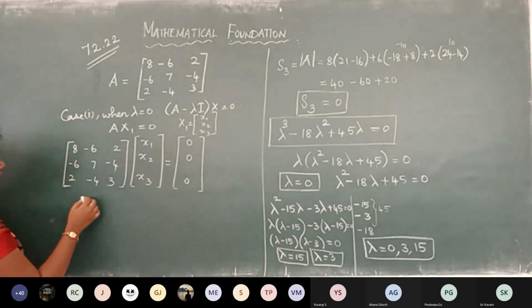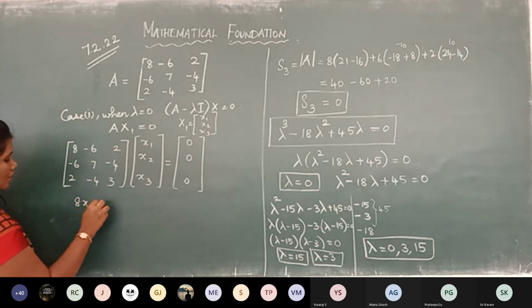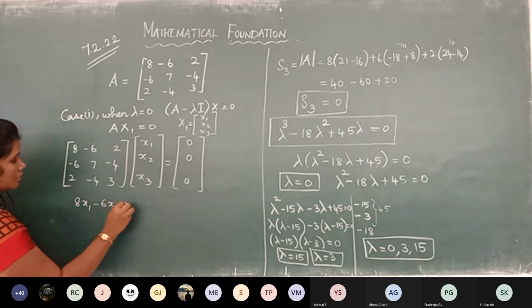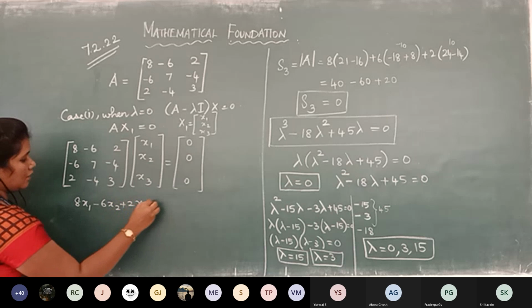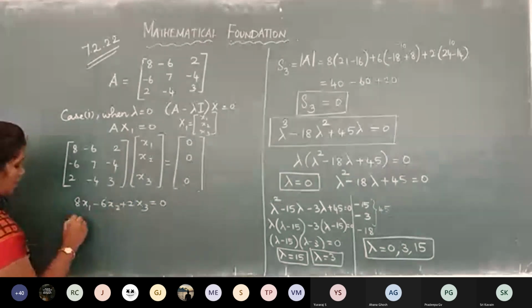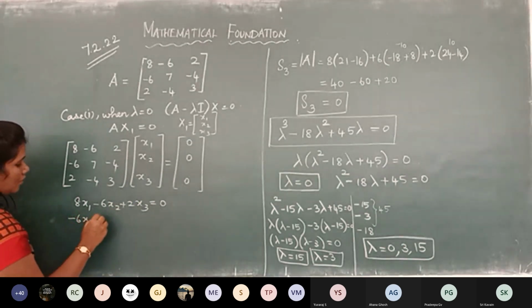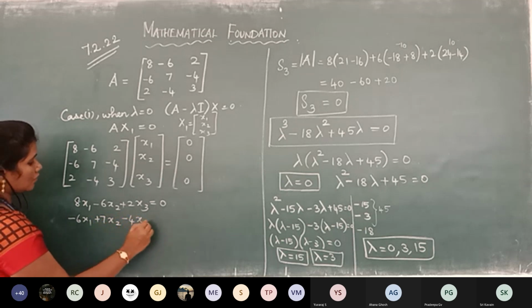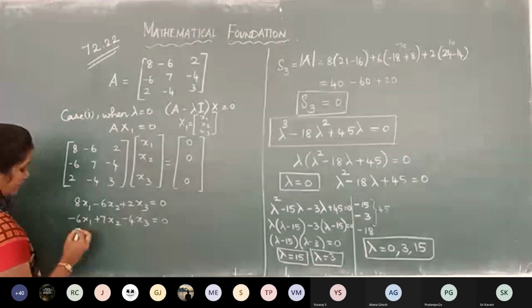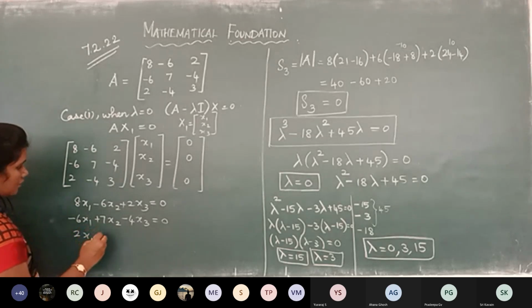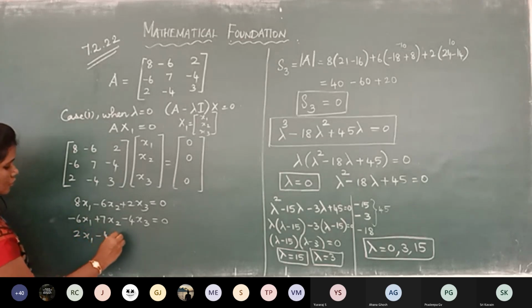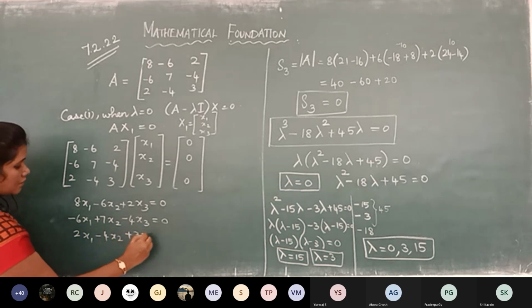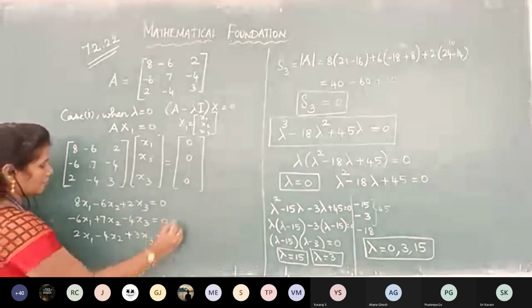So you'll have the equations 8x1 minus 6x2 plus 2x3 equal to 0, minus 6x1 plus 7x2 minus 4x3 equal to 0, and 2x1 minus 4x2 plus 3x3 equal to 0.